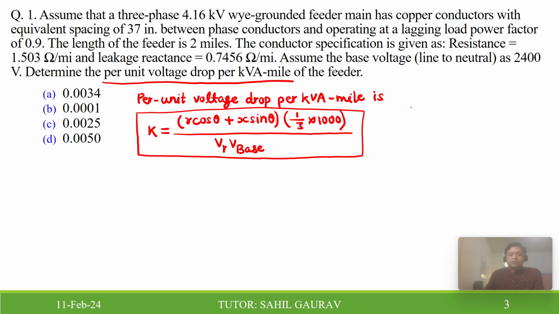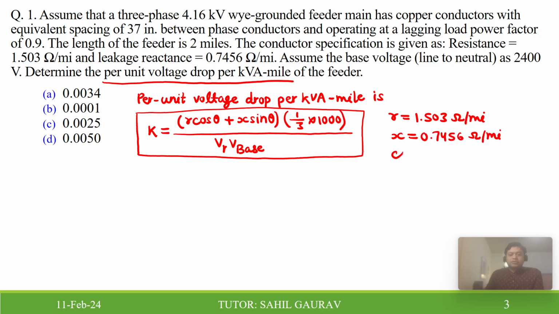Here, what are the known values? R is given as 1.503 ohm per mile, and reactance is given as 0.7456 ohm per mile.